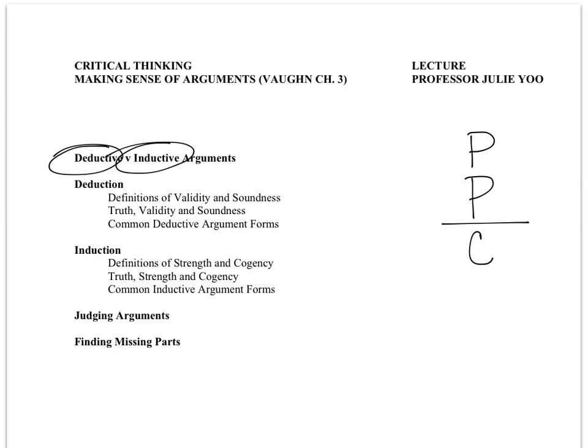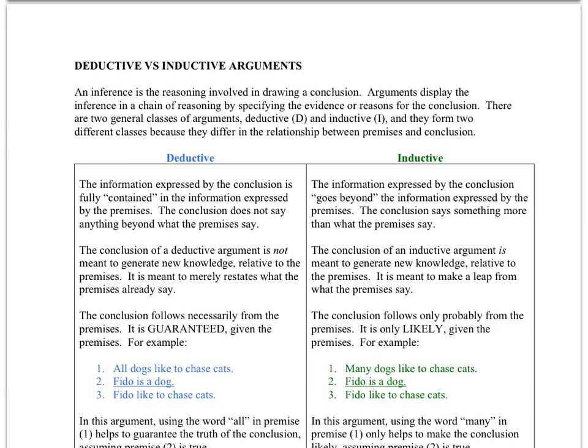But in the case of an inductive argument, the idea is for the conclusion to say something new relative to the premises. And when it comes to arguments, they fall into one of these two categories. An argument is either a deductive argument or an inductive argument.